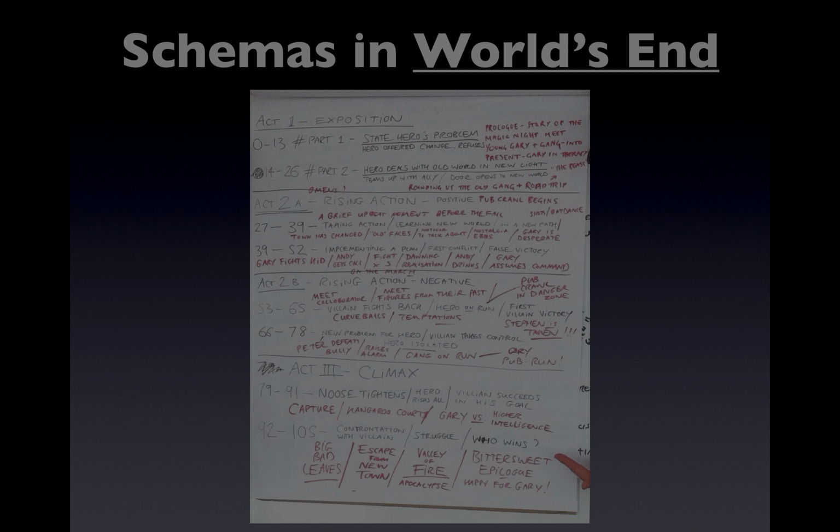Hero deals with old world in a new light. So he teams up with an ally, and the door opens to the new world. So these are very interesting behind-the-scenes plot points and beats that a script writer in Hollywood is going to be trying to communicate.